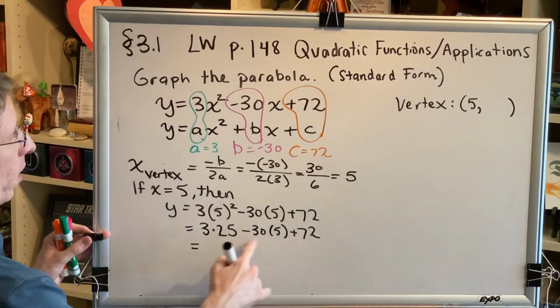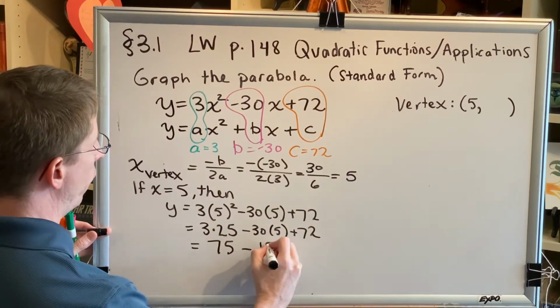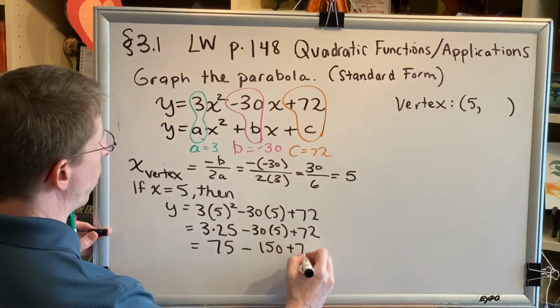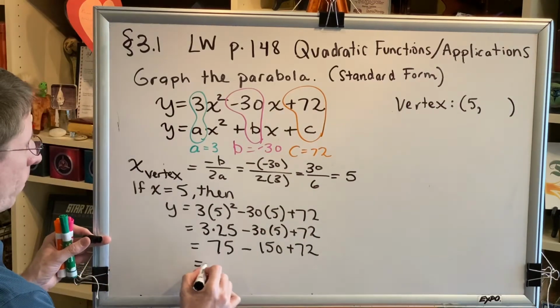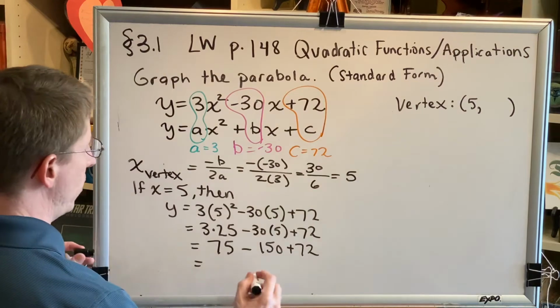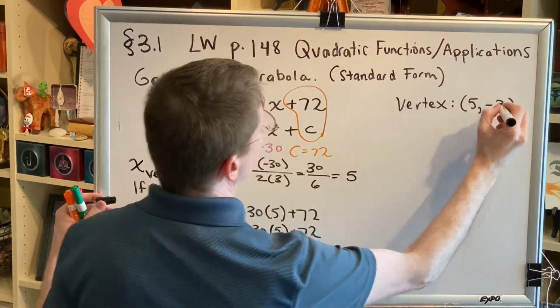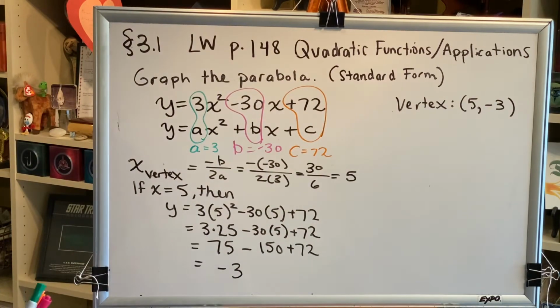Multiplication happens before addition or subtraction. So we've got a 75 here, a 150 here, and of course, 72. All right, 75 minus 150 is negative 75, plus 72 is negative 3. So our vertex is at 5, negative 3.